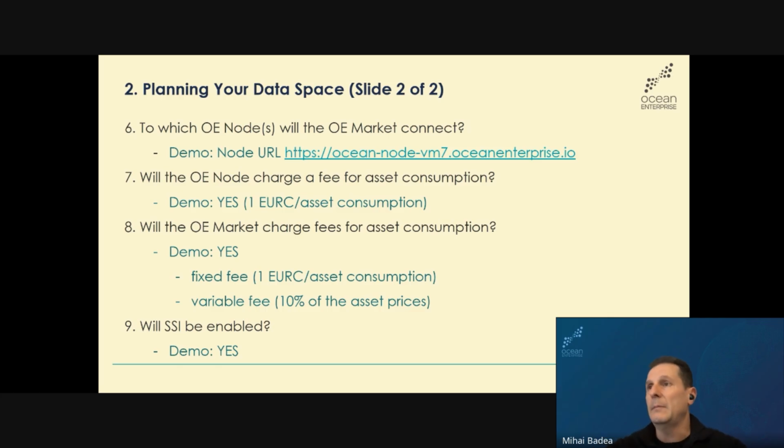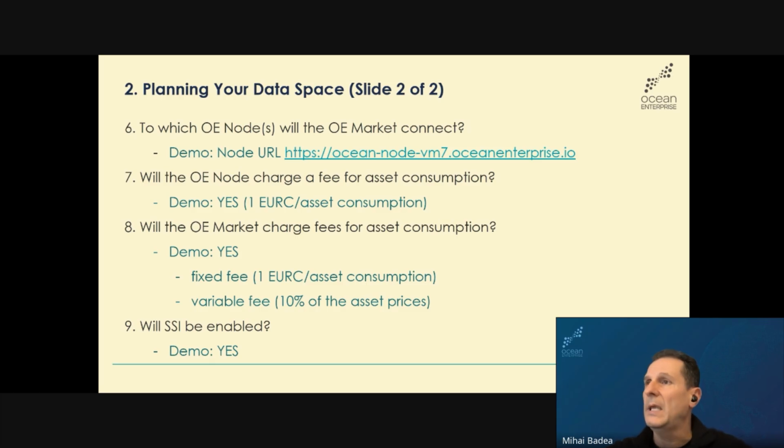And then maybe some questions related to the fees that are charged for asset consumption. There are multiple types of fees that can be enabled in the marketplace. One is at the provider level, or at the Ocean node level.